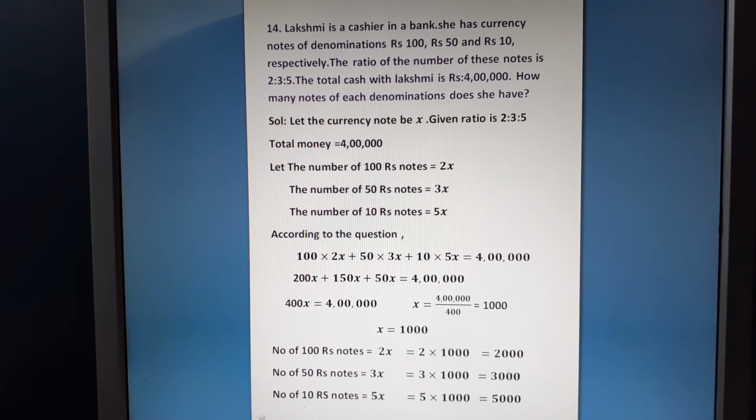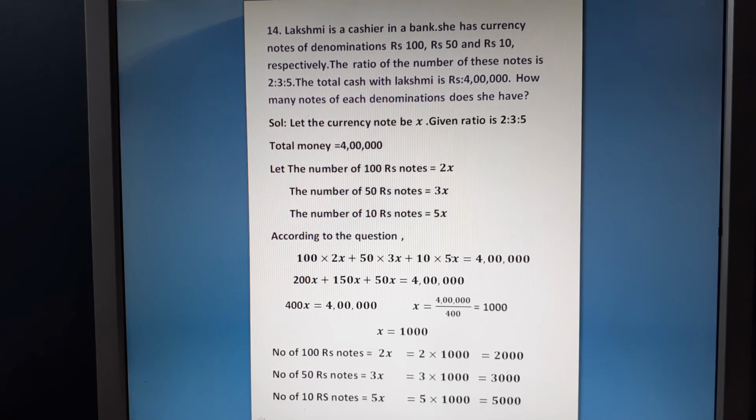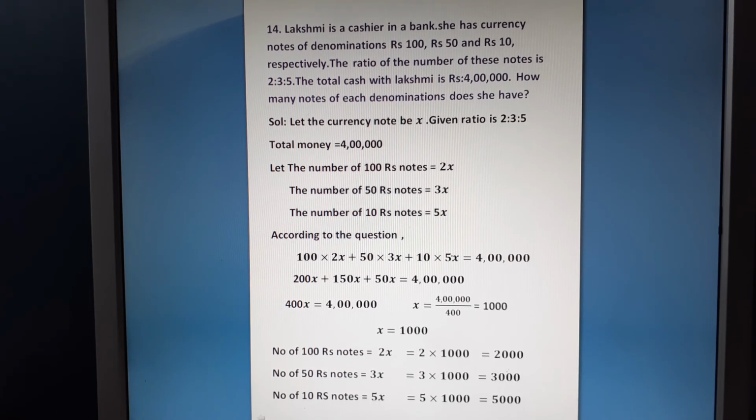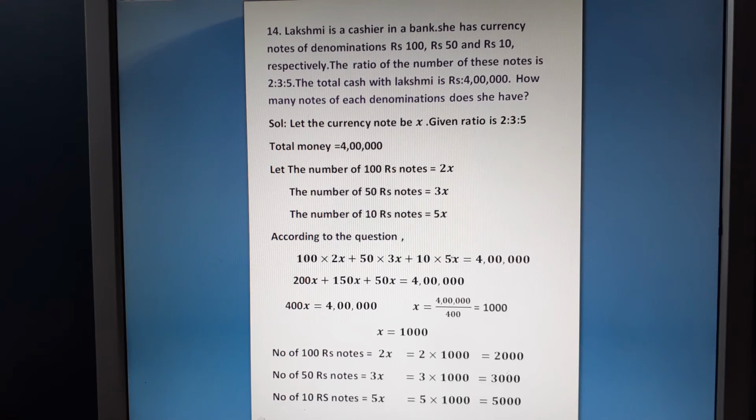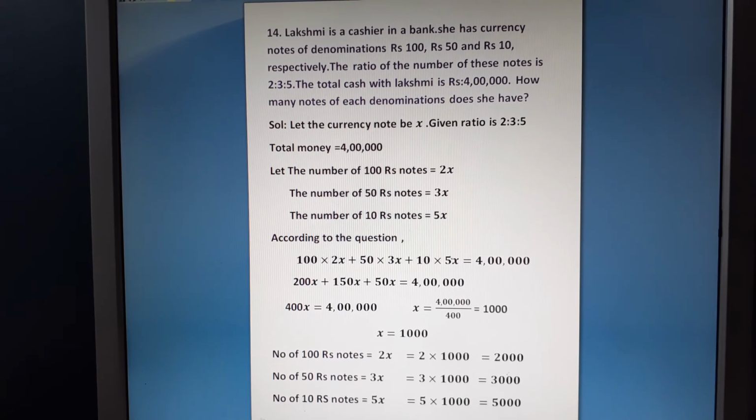Let the number of 100 rupees notes be 2x. The number of 50 rupees notes be 3x and the number of 10 rupees notes is equal to 5x.